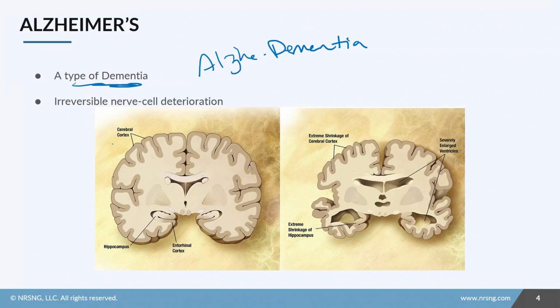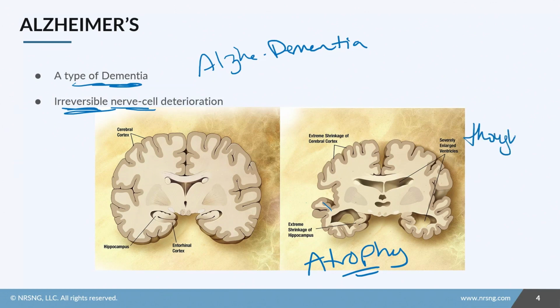Alzheimer's is an irreversible condition of nerve cell deterioration. You can see in this image there's extreme atrophy, or shrinkage, of the cerebral cortex. That is where the majority of our thoughts and our memory is processed. So if you don't remember anything else about Alzheimer's, remember this picture.